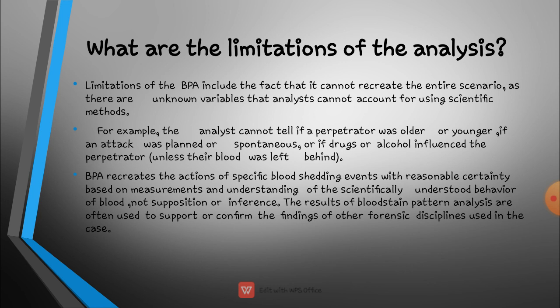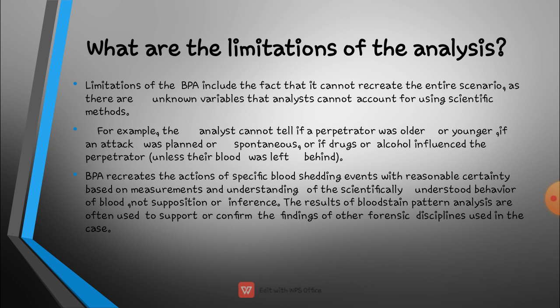For example, the analyst cannot tell if a perpetrator was older or younger, if an attack was planned or spontaneous, and if drugs or alcohol influenced the perpetrator, unless their blood was left behind. We don't know the person who did this. We cannot tell their age, whether older or younger, because there is no way to know it.